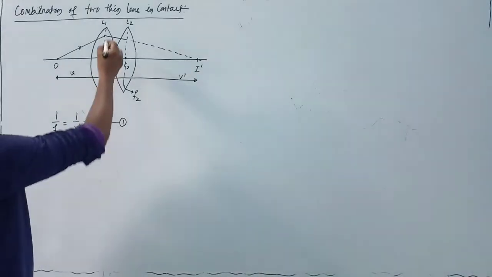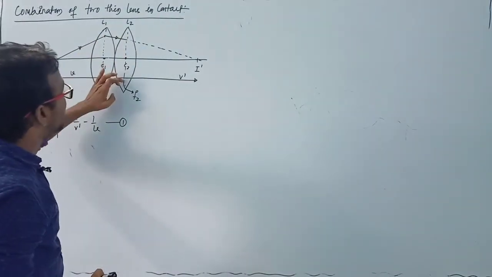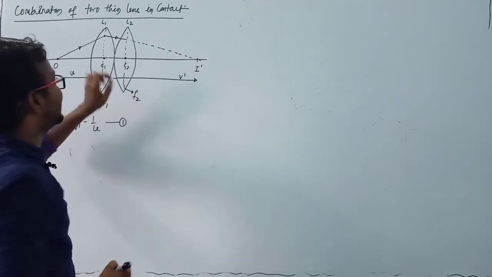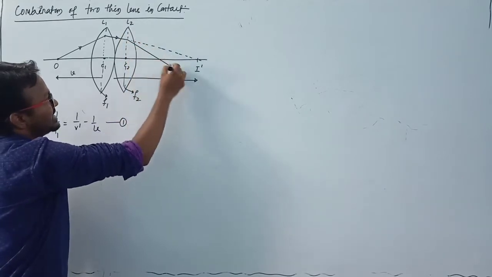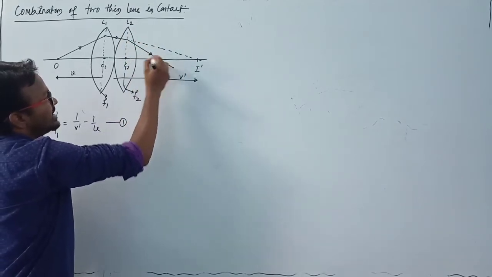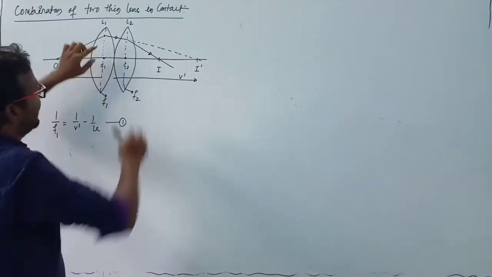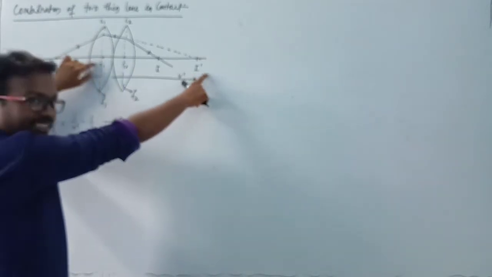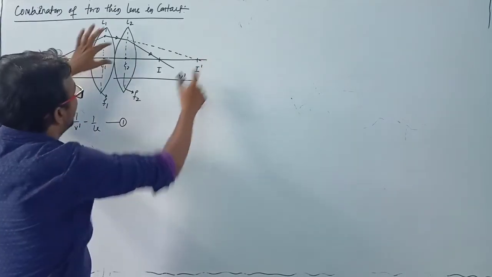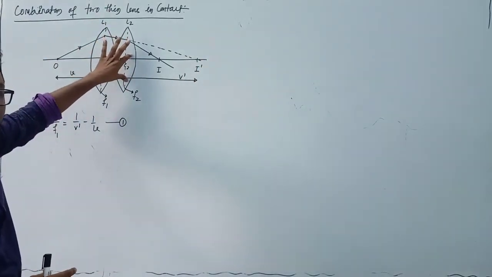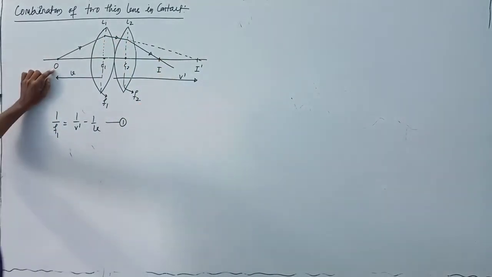But this refracted ray, which is traveling in this direction, faces another lens of focal length f2. So again this ray bends towards this direction and finally meets at this point due to the two lenses, and suppose this image is known as I. This image of the first lens, which is a real image, acts as a virtual object for the second lens, and the final image is produced of the object O. Clear?